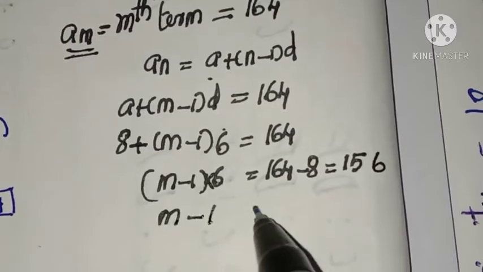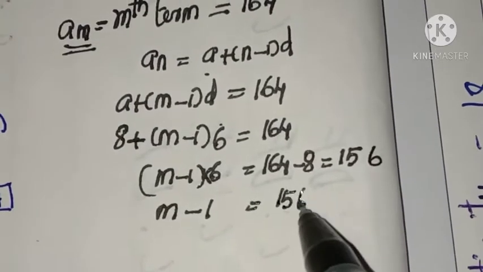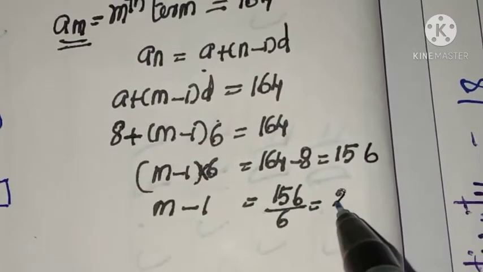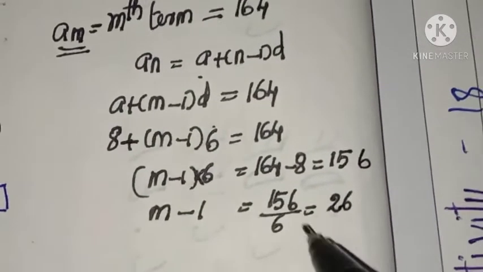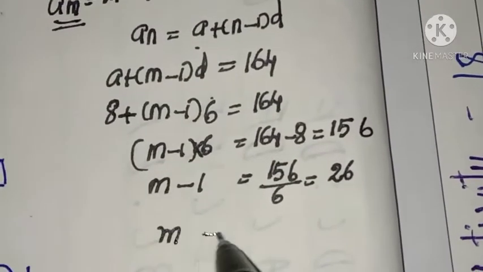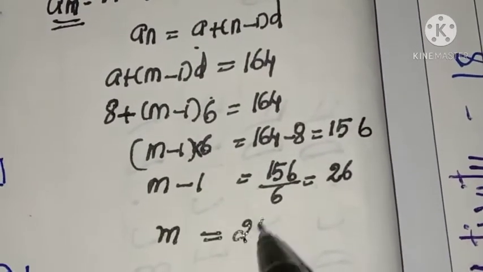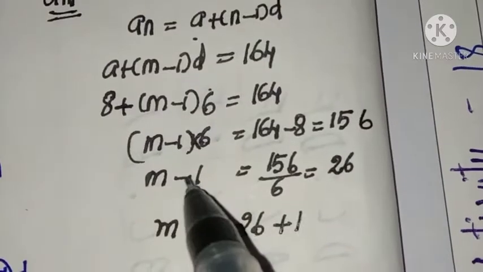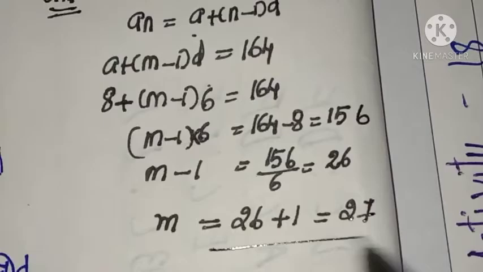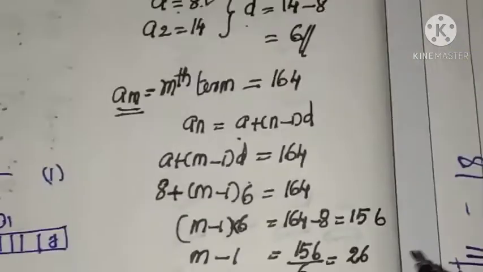So m minus 1 is equal to 156/6. This is 26. Okay, 156/6 is 26. So what is m? m is equal to 26 plus 1. Minus 1 becomes plus 1. That is 27. m equal to 27.